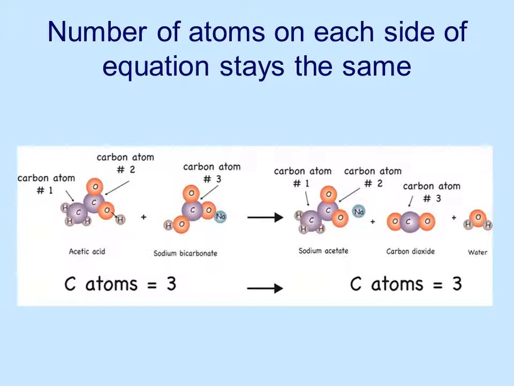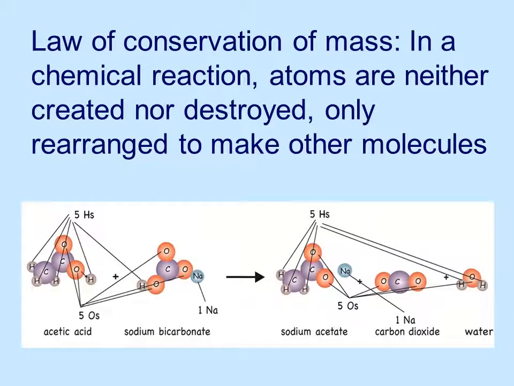So here in this case, we find in the two reactants 2 carbon atoms in the acetic acid, and 1 in the sodium bicarbonate, for a total of 3. In the products, we find 2 carbons in the sodium acetate and 1 in the carbon dioxide, for a total of 3. So we have 3 atoms of carbon in the reactants and 3 atoms in the products.